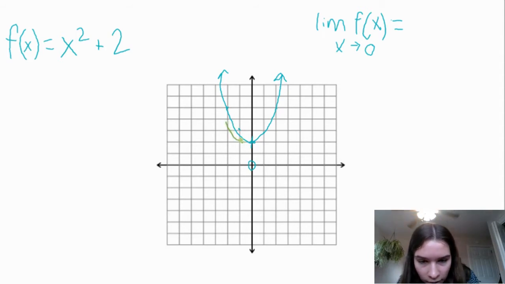So it's going down, closer and closer to 2 from both sides. So we can see it goes from here is like 6 down to 4.5, and then here it gets to 2. So it's decreasing down to 2. So we know that the limit for f of x as x approaches 0 is going to be 2.